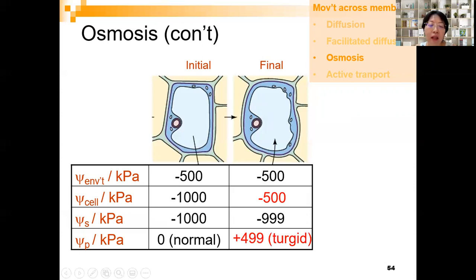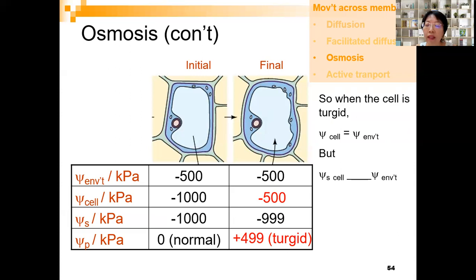Okay, so this is the explanation to work out, when the cell is fully turgid, what will be the psi of the environment, what will be the psi of the cell, what will be the psi s, and what will be the psi p. Can you understand? So when the cell is turgid, psi of the cell will be equal to psi of the environment.